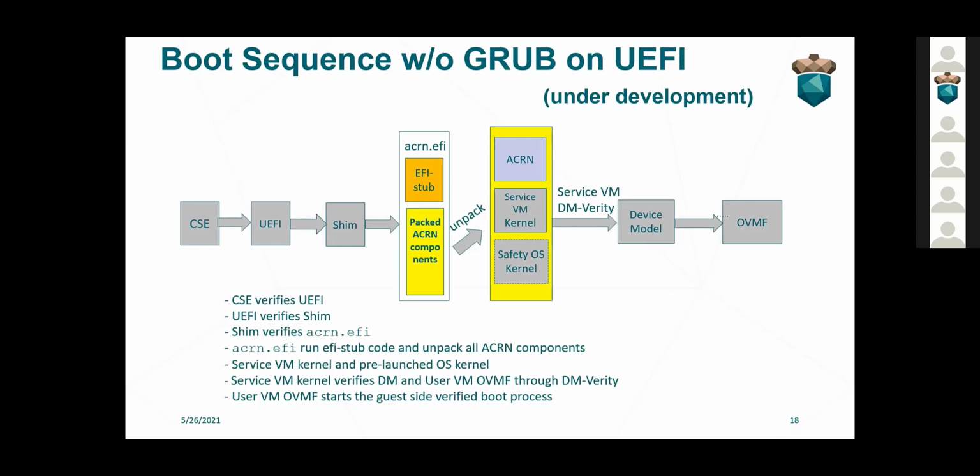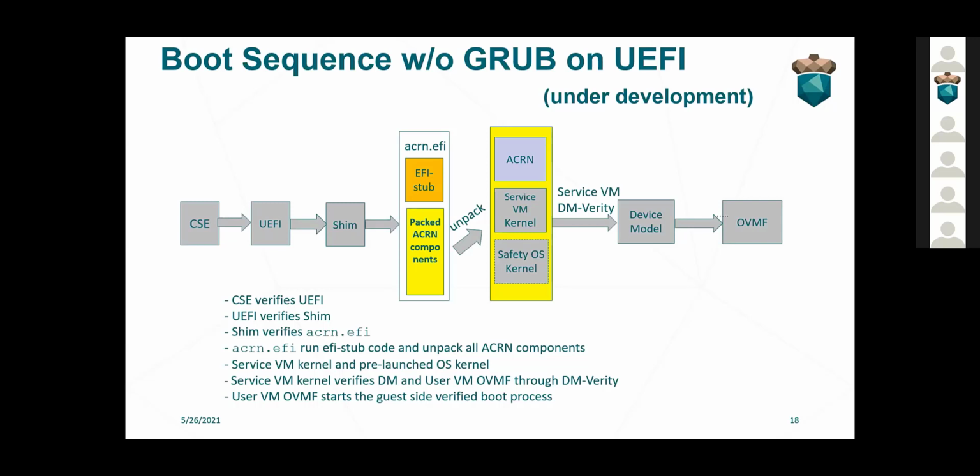So the new change for us is we will add back the EFI stub and package all the components, the ACRN hypervisor, the service VM images, the other pre-launch VM images, and some HPI binary, into one package.